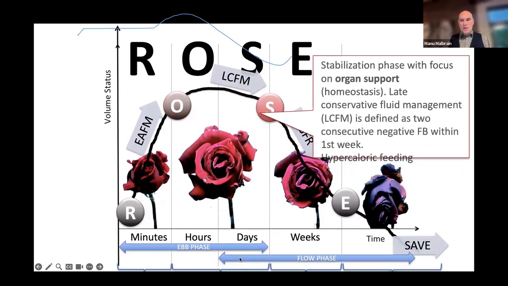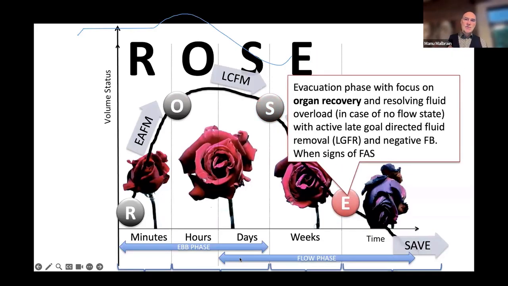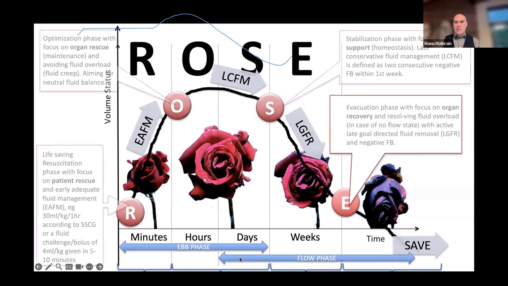Stop IV fluids when no longer needed, when shock is resolved, and the stabilization phase is organ support. Here we can aim for late conservative fluid management, and the evacuation phase will assist organ recovery, either with late goal-directed fluid removal, medical or mechanical, whenever there are signs of fluid accumulation syndrome.